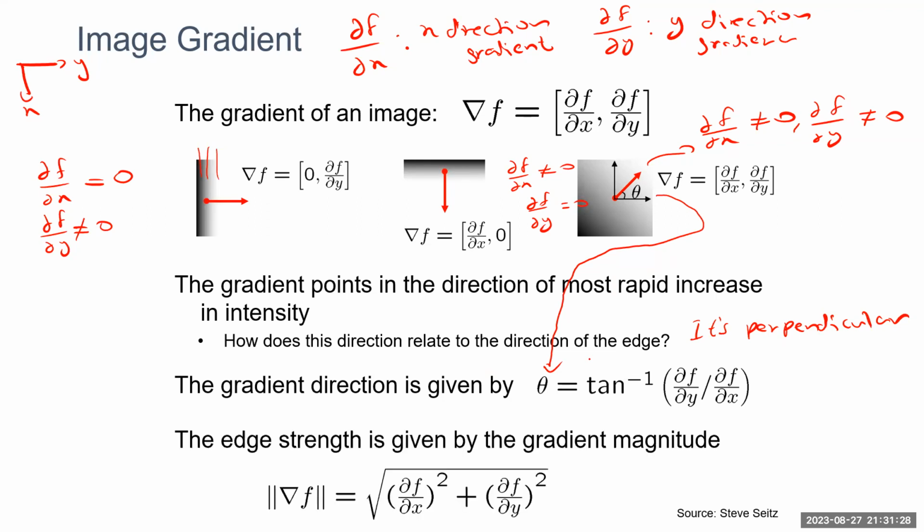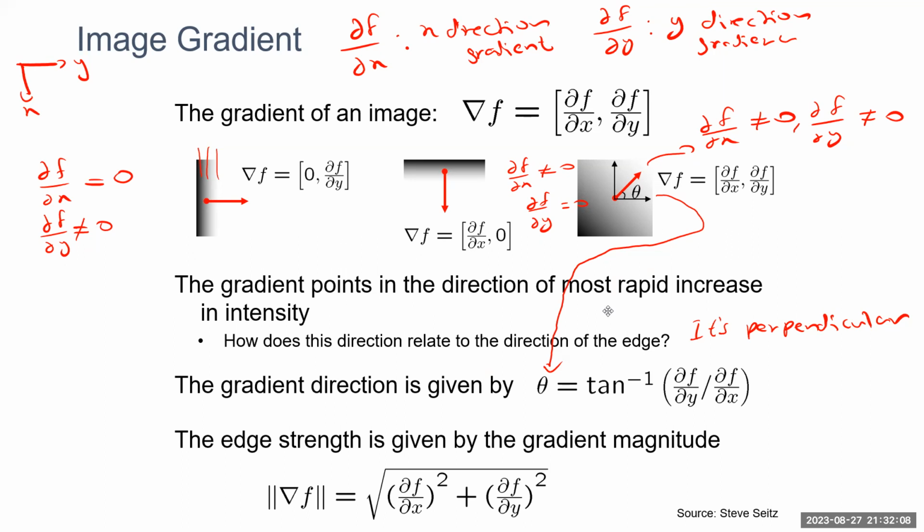Now there's another parameter, a metric we use to figure out the strength of the gradient, or the strength of the edge. That is found by this equation: the ∇f magnitude is given by this one. So you can look at the strength of the edge, and define some sort of thresholding. Say, if the gradient magnitude is above this value, that's an edge.